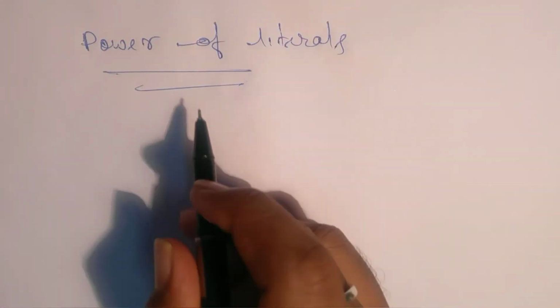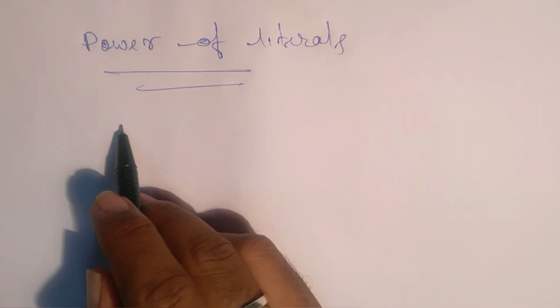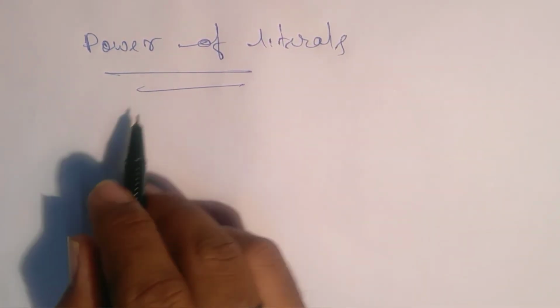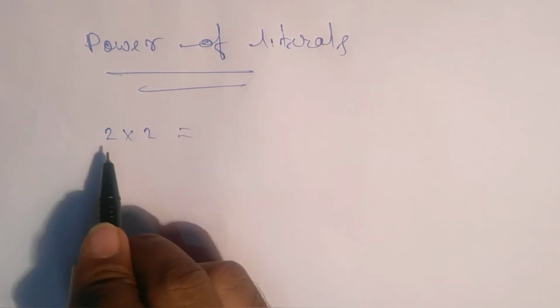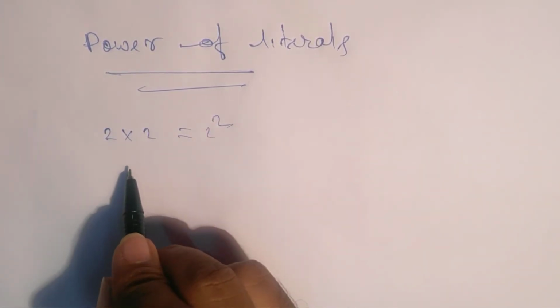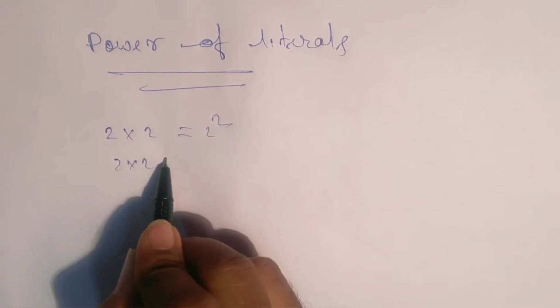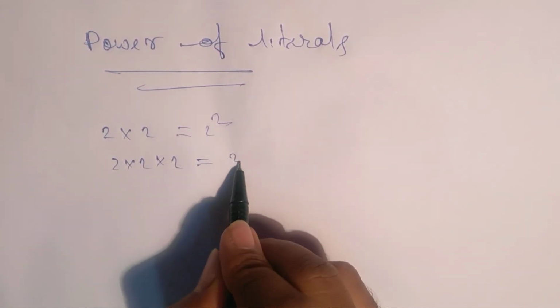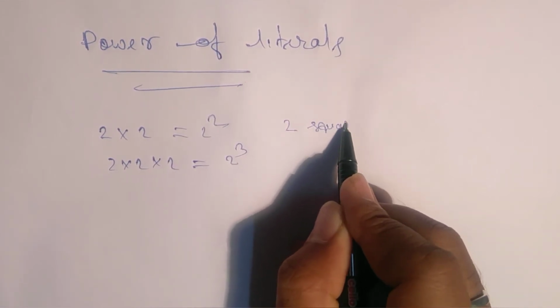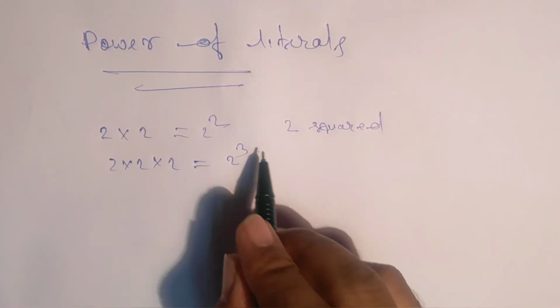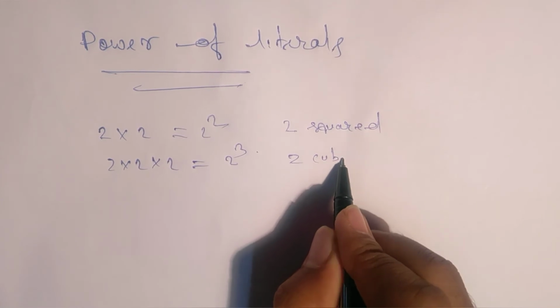Now we are going to see power of literal. Let's see. So if we take here two values like 2 into 2, so what will be your answer? 2 squared. If we have 2 into 2 into 2, we call it as 2 cubed. How are you going to read? 2 squared. And what about this one? 2 cubed.